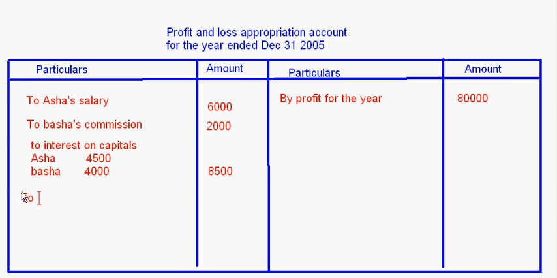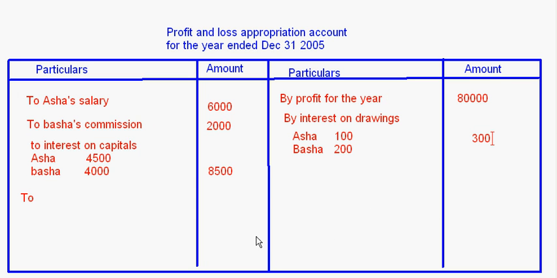Now the last one is here on the credit side, I'll write by interest on drawings. Interest on capital always comes on the debit side, interest on drawings on the credit side, right? Asha, the interest on drawings for her was 100 rupees and for Basha it is 200 rupees. So the total here comes as 300, right?